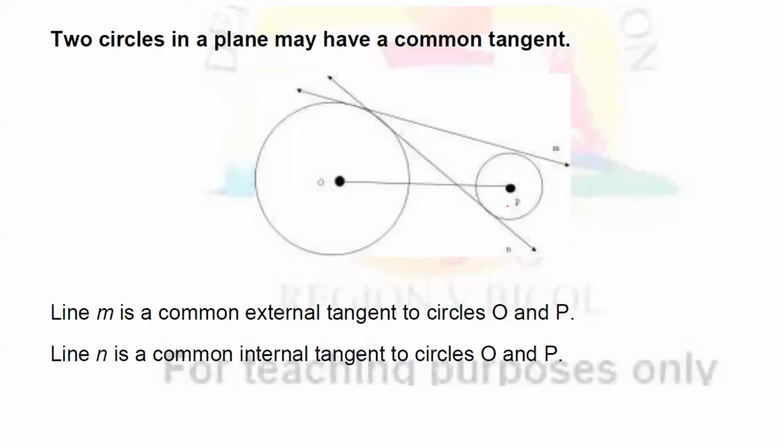Line M is a common external tangent to circles O and P. Line N is a common internal tangent to circles O and P. Take a look at which is N and which is M. Anyway, just look at the module. I will take a screenshot of this. I did not fix which is line M and which is line N.